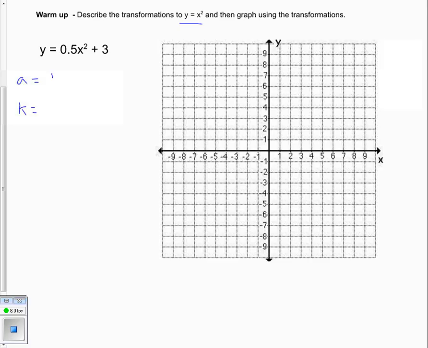Our a value is positive 0.5, and our k value is positive 3. Because the a value is positive, that tells us that it opens up. We also know that because the a value is 0.5, between 0 and 1, the shape of the parabola is compressed.